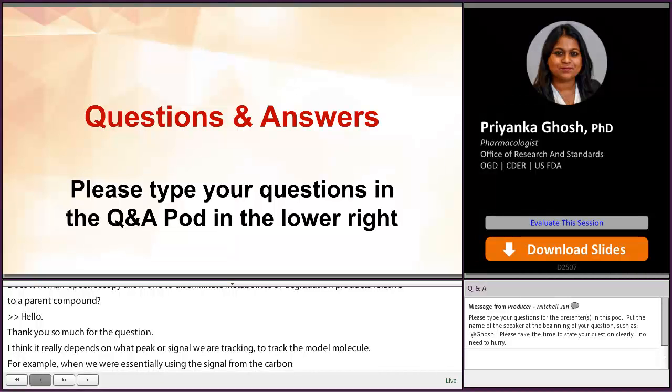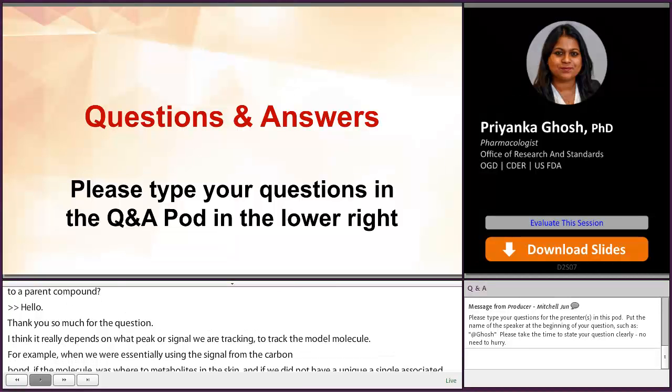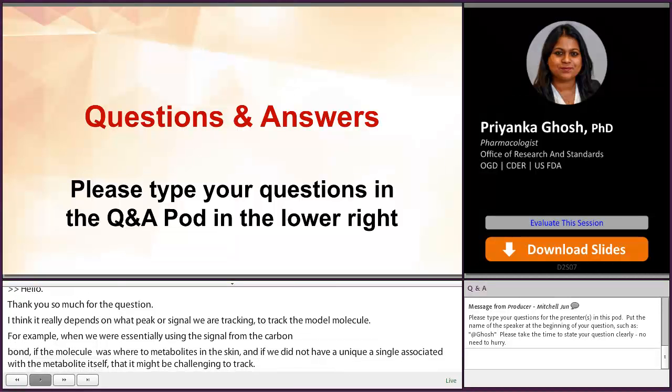However, with other molecules where we have unique bonds in both the parent as well as the metabolite, it may be possible to use techniques such as Raman to independently track the parent and the metabolite in the skin. Thank you.